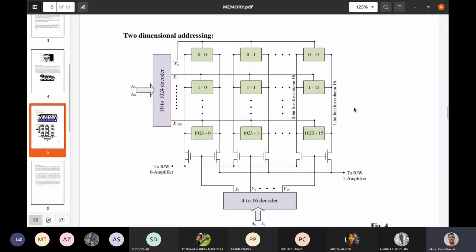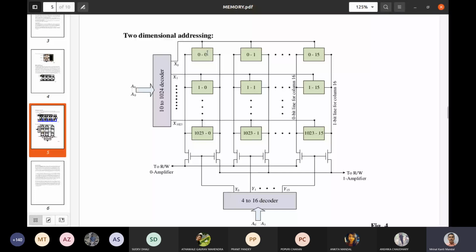Now, this is the two-dimensional addressing of this memory that I have already mentioned. One is the row decoder, another is the column decoder. Now you see it is 1K into 8-bit memory. That is, this is the first bit, second bit, and this is the last bit, 16-bit, right?